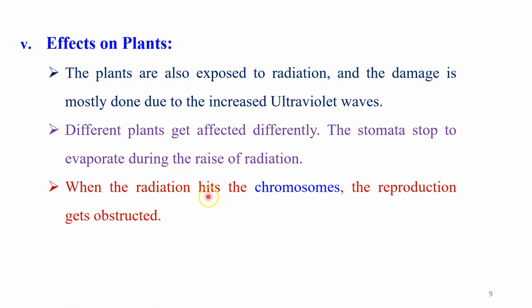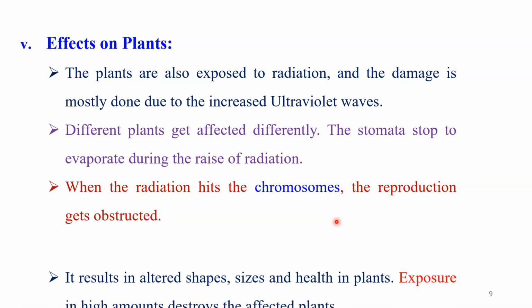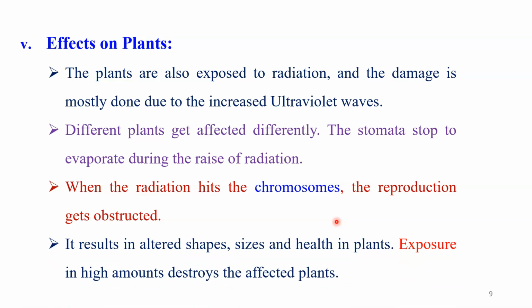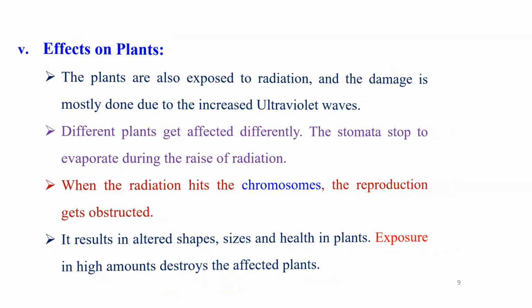When the radiation hits the chromosomes, reproduction gets obstructed or disturbed. It results in altered shape, size, and health in the plant. Exposure in high amounts destroys the affected plants.